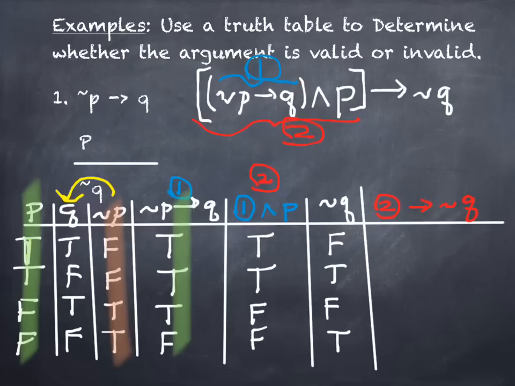But then I need to take column 2, what I've called column 2, and I need to do an arrow to column tilde Q. So I'm going to start with T. T implies F is false. T implies T is true. False implies false is true. And false implies true is true.